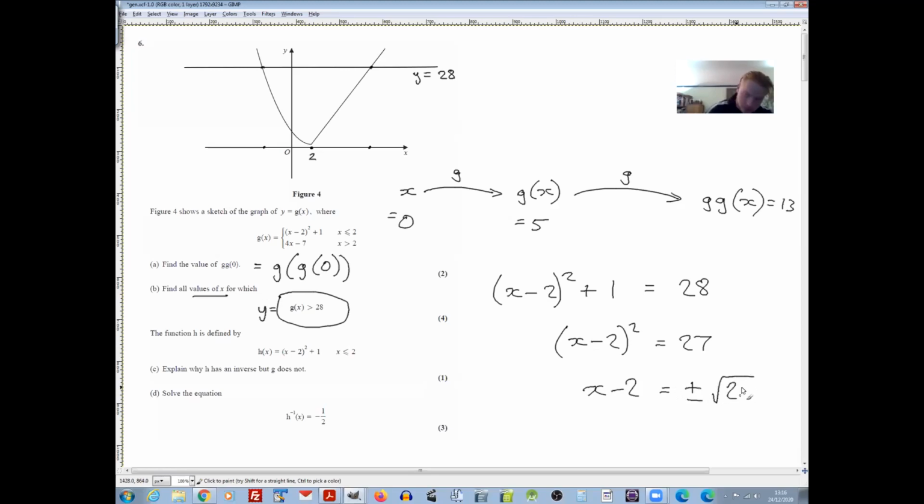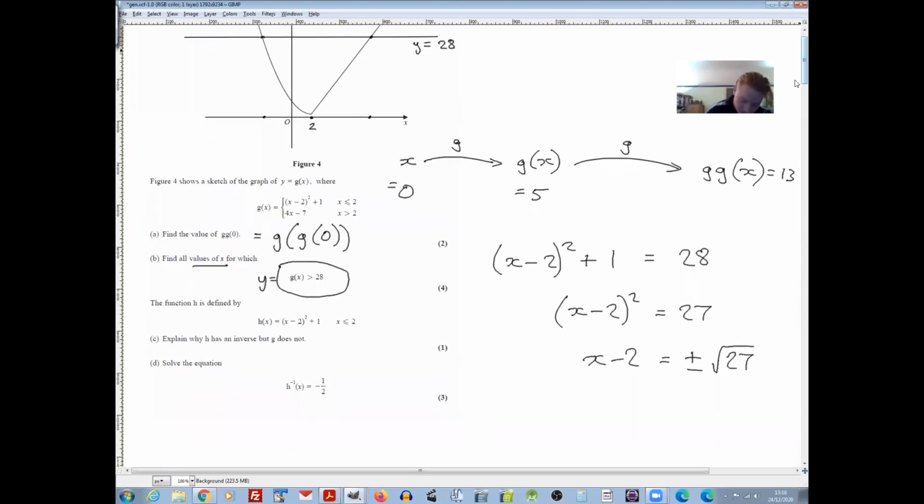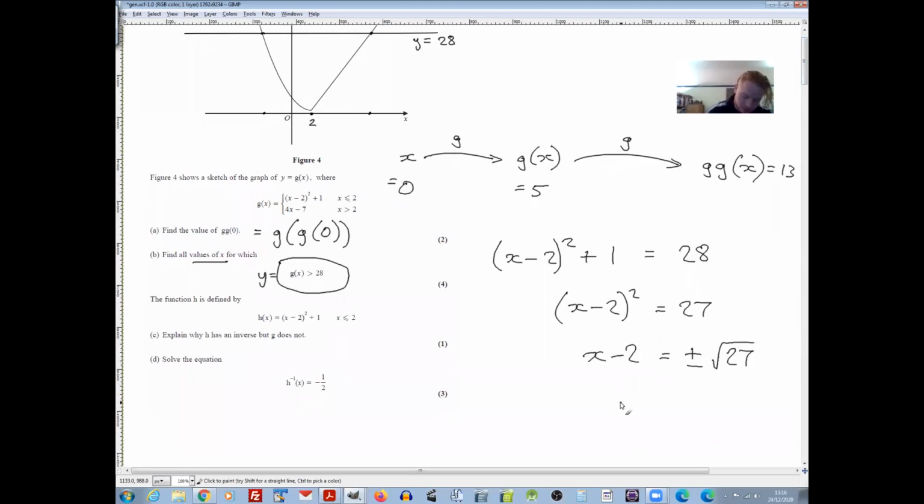You've already flagged this, haven't you? Then x equals plus or minus root 27 plus 2. One of those is going to be a positive result and the other a negative. So it will be x equals minus root 27 plus 2. That's right.